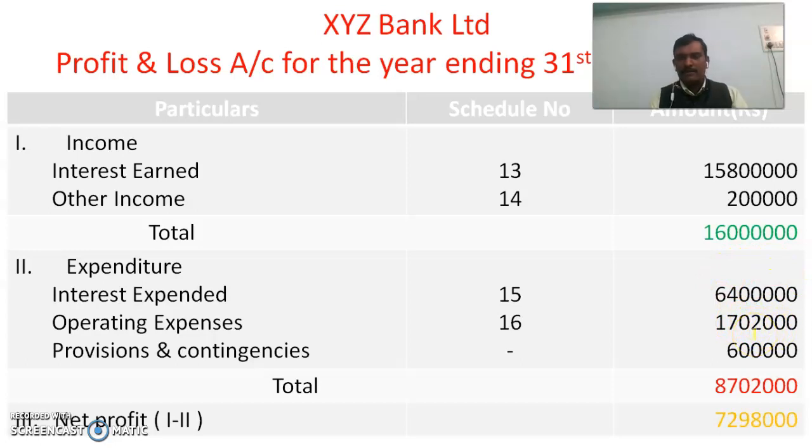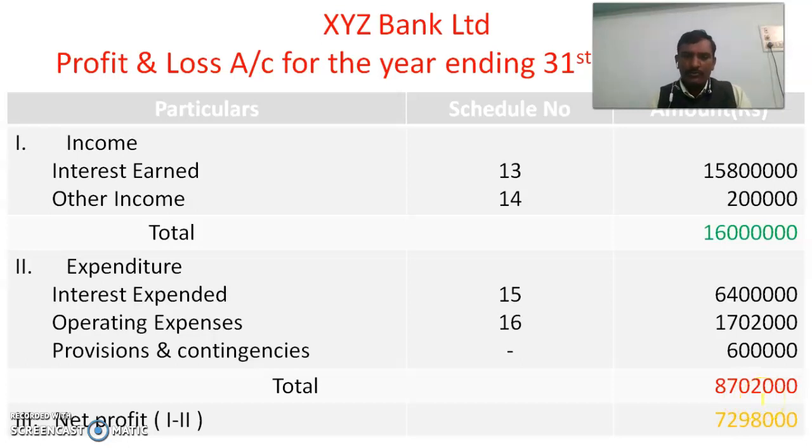And the last item left in the problem was provisions and contingencies, which amounted to 6 lakh. Now we have to make the total of all these three items of expenditure, and the total will become 87 lakh 2,000 rupees.